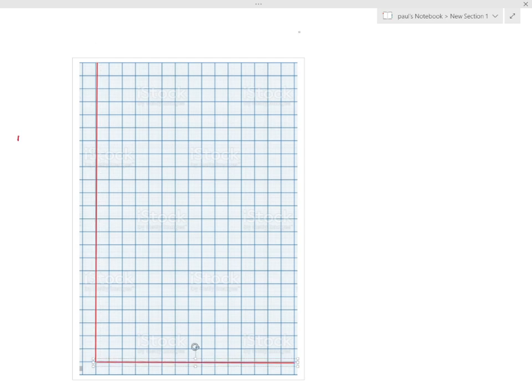So this is distance from home, in kilometers. This one down here is the time.